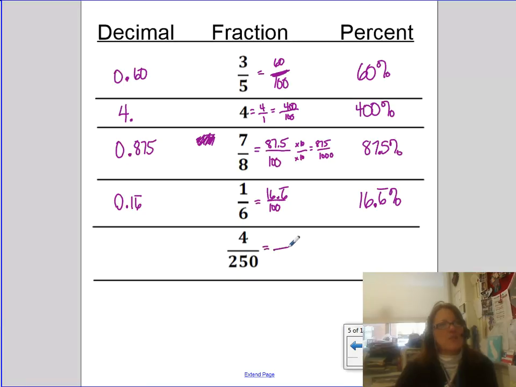Now, that one's not necessarily easy to turn into hundredths, but let's see what happens. If you cross multiply, 4 times 100 equals 250 times x. And you basically end up taking 400 divided by 250. And well, hot diggity, I get 1.6.